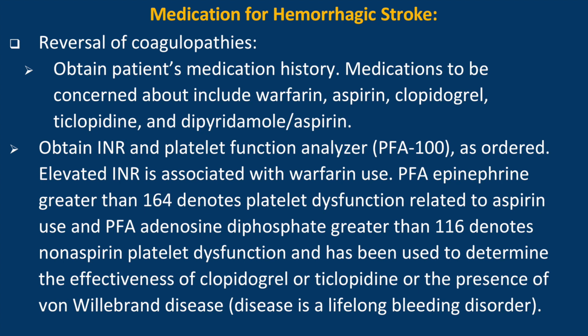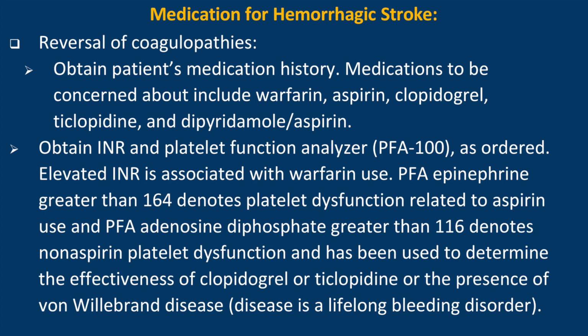Elevated INR is associated with warfarin use. PFA epinephrine greater than 165 denotes platelet dysfunction related to aspirin use, and PFA adenosine diphosphate greater than 116 denotes non-aspirin platelet dysfunction, and has been used to determine the effectiveness of clopidogrel or ticlopidine or the presence of von Willebrand disease.